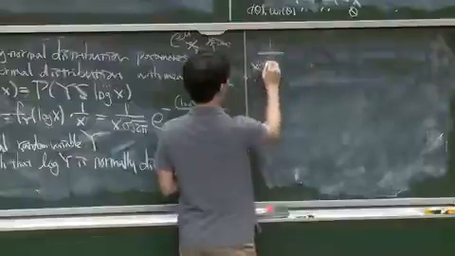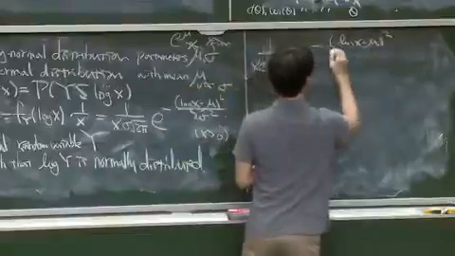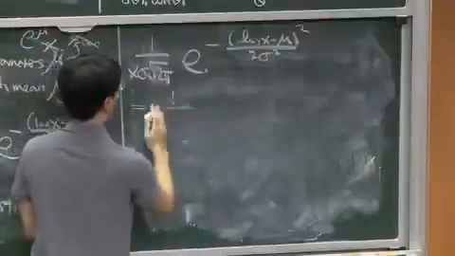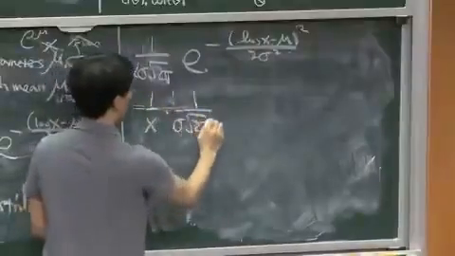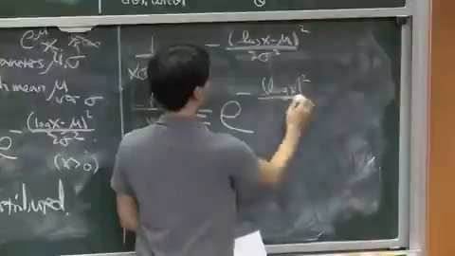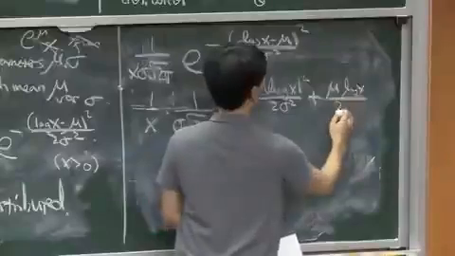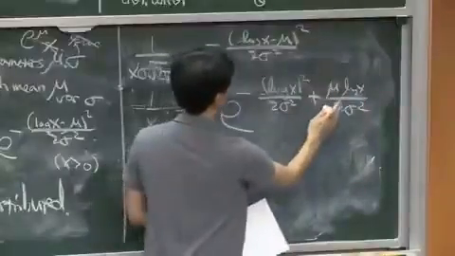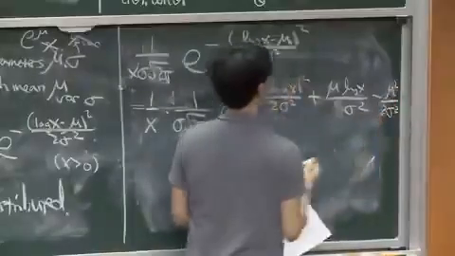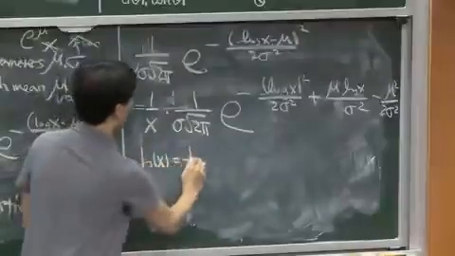So 1 over x sigma square root 2 pi e to the minus (log x minus mu) squared over 2 sigma squared can be rewritten as 1 over x times 1 over sigma square root 2 pi e to the minus log x squared over 2 sigma squared plus mu log x over sigma squared, minus mu squared. Write it like that.